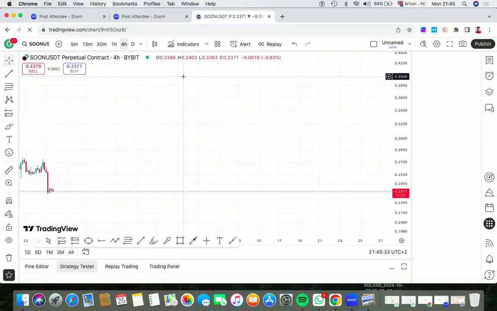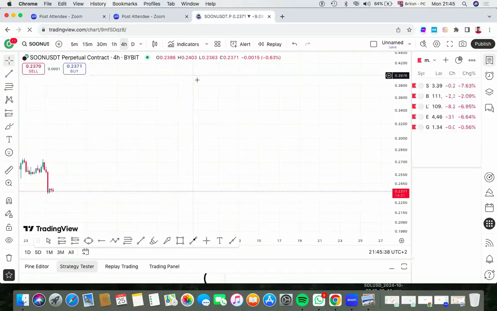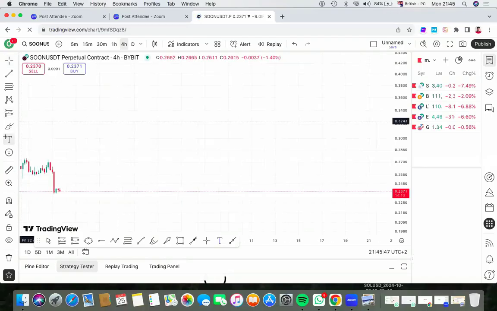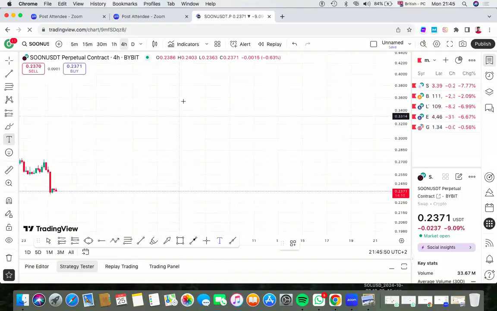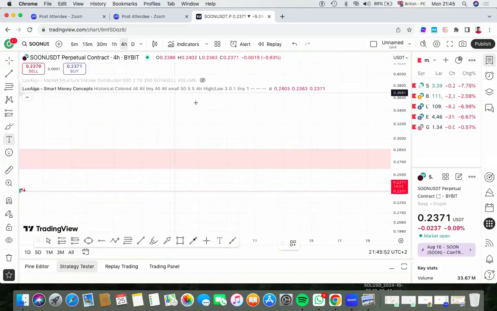So market structure. My network is a bit slow, but we get going right now.